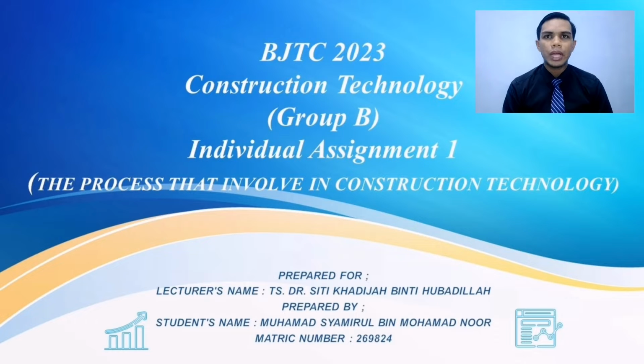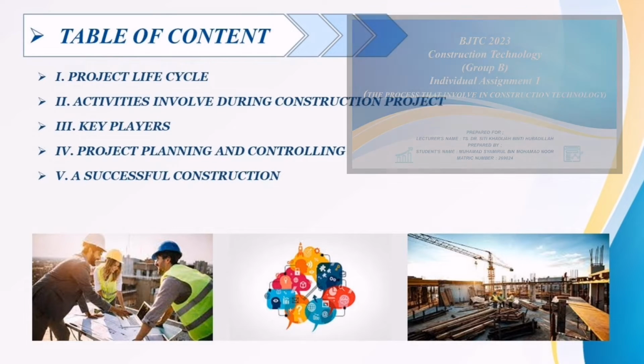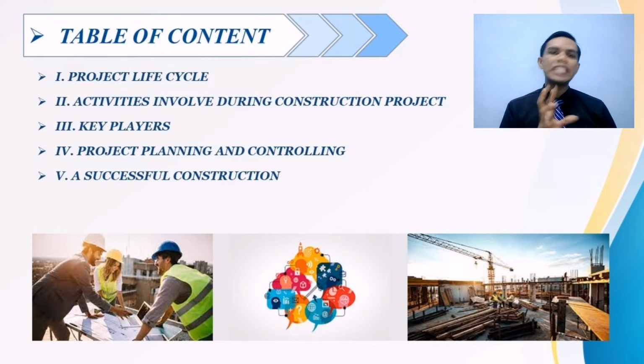In this video, I would like to present to you the individual assignment 1 for subject BJTC 2023 Construction Technology Group B about the process that is involved in construction technology. In this presentation, it consists of 5 elements of content.